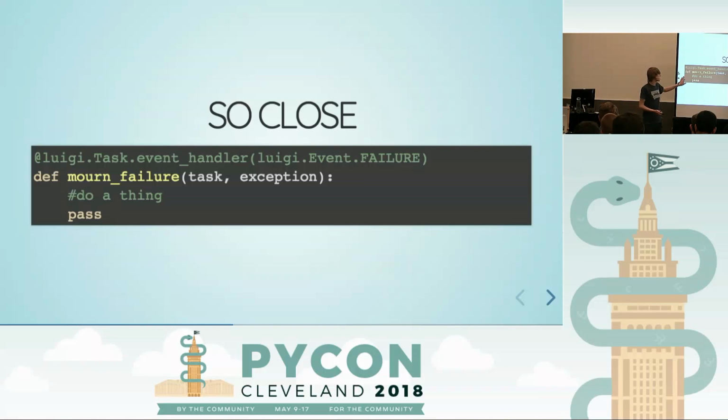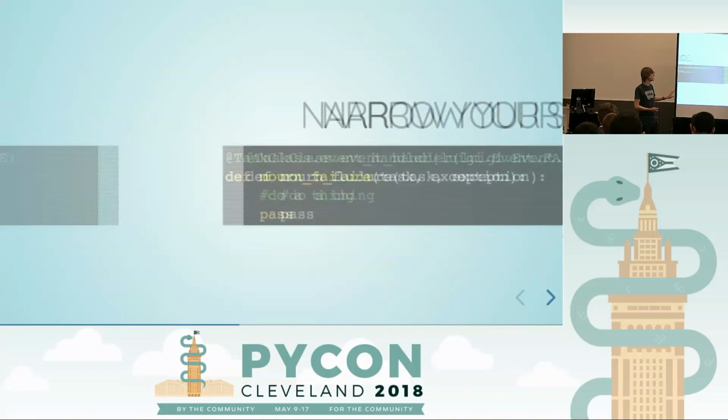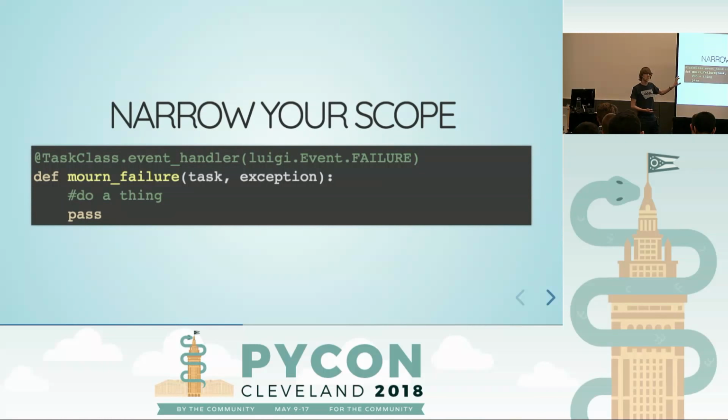Now, one thing to note is that since the decorator uses luigi.task, this happens for every single task, which can be kind of a pain. So we can narrow down the type of task that we actually call this event handler on by simply replacing our luigi.task with this task class.eventHandler. And so then our task class will be the only one that actually triggers here, as well as any other subclasses.